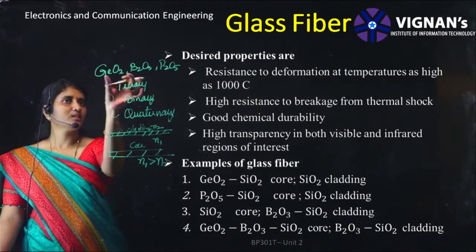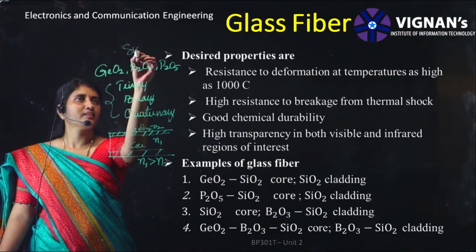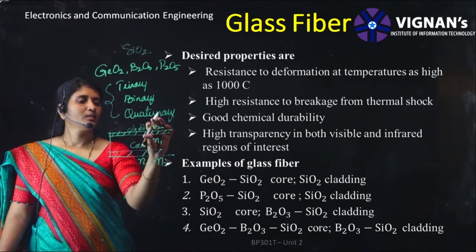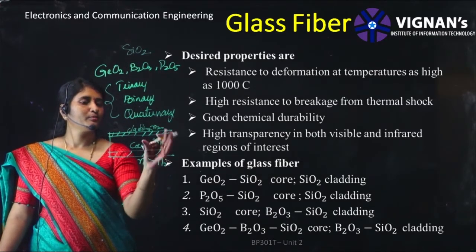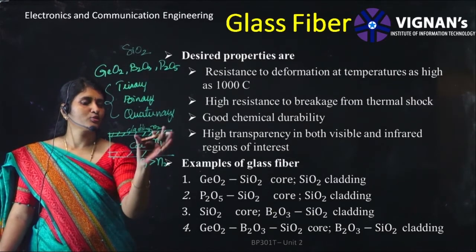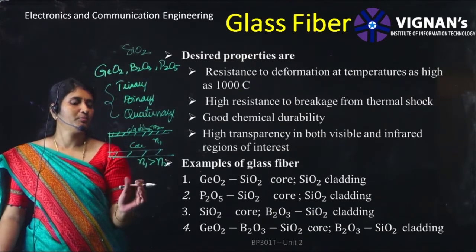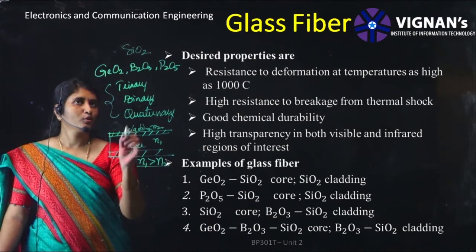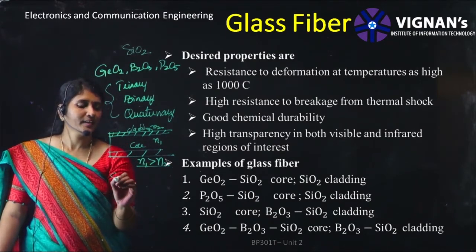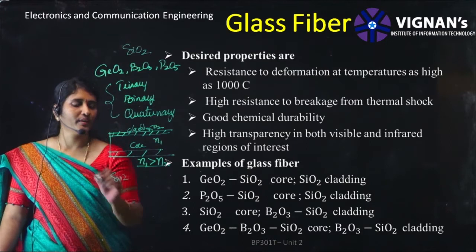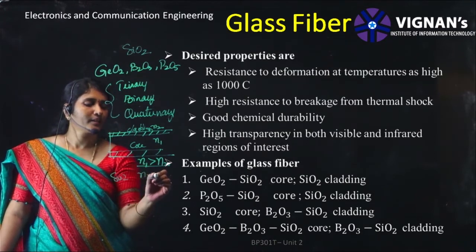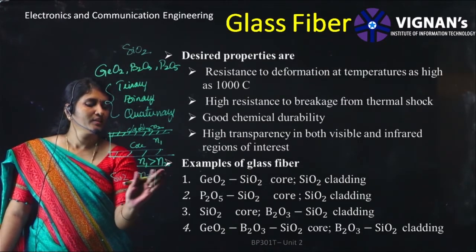So while choosing these three materials in combination with SiO2 and forming the material for structuring these two parts, we have to keep this condition in mind also. While combining SiO2 with any of the above materials, the condition N1 greater than N2 should be satisfied.